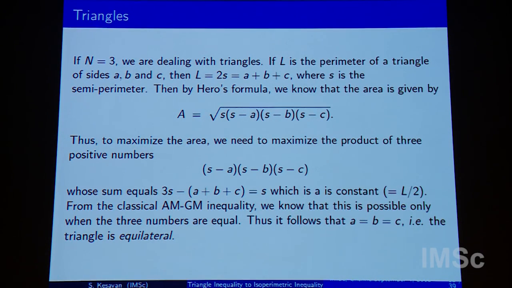And this is the famous arithmetic geometric mean inequality, because AM is greater than or equal to GM, right?